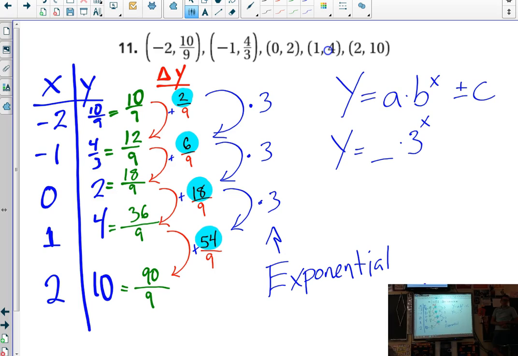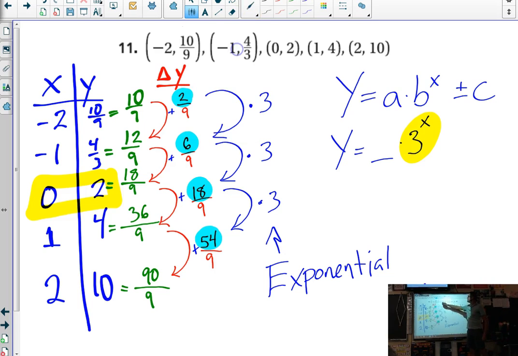Now what about my y-intercept then? We often, like we did in the last one, look at where does x equal 0. Well, here my x equals 0. That's a value of 2. What happens when my exponent equals 0 for any base?